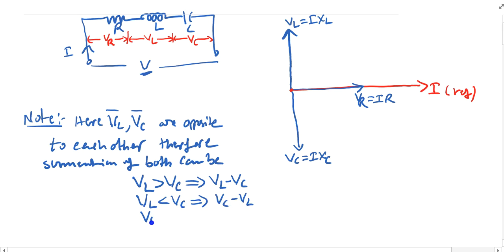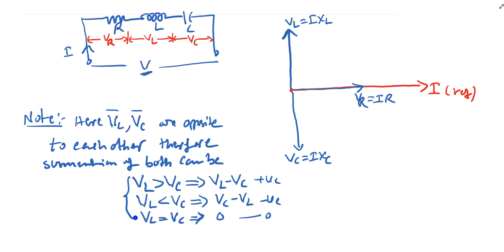If my VL is equal to VC, then adding the two values becomes 0. So this is going to be a positive value, a negative value, or 0. These are the three different cases that can occur in this vectorial diagram.